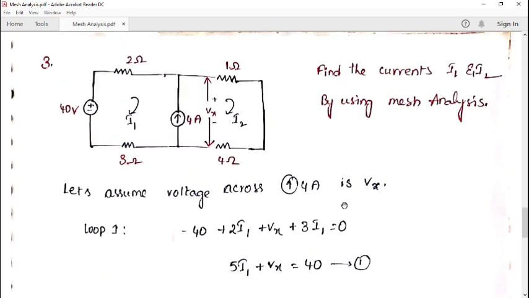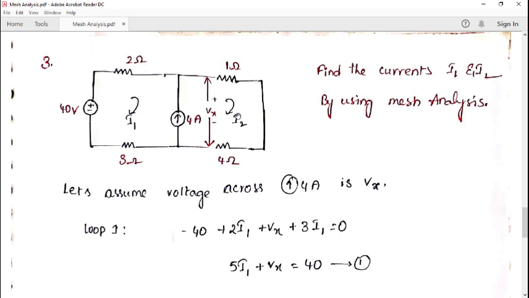If we observe, what is the current flowing through this branch? Difference of I2 and I1 is flowing through this branch, and this is in upward direction. When we observe directions in this branch, I2 is flowing upwards, and I1 is flowing downwards.